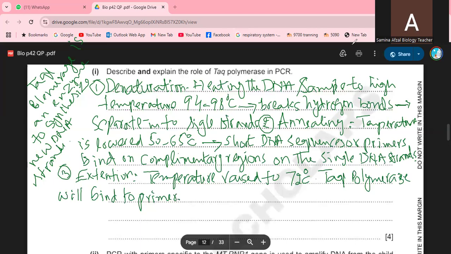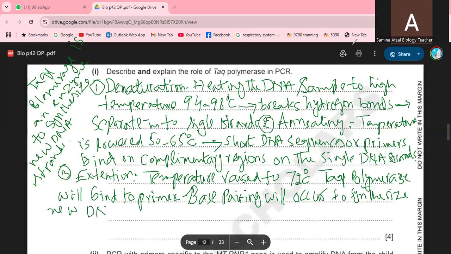Base pairing will occur. That is, the adenine will join with the thymine and guanine with cytosine to synthesize new DNA strands.